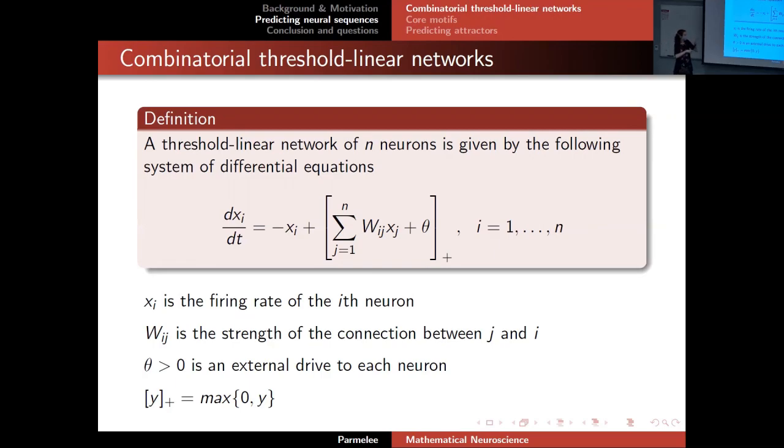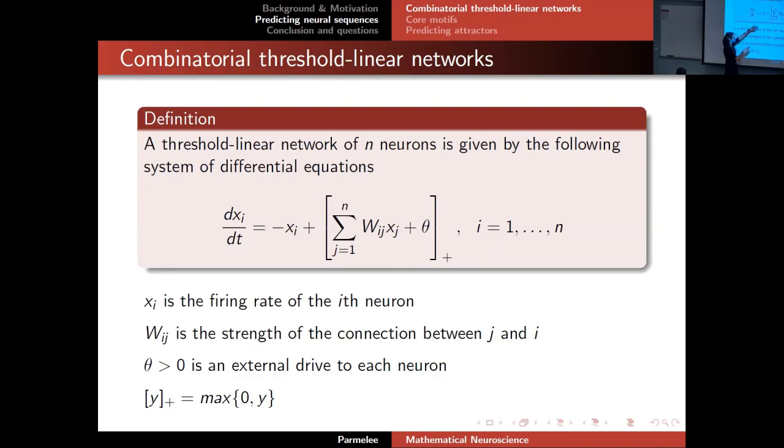So in a wider model, I would have a lot more freedom with the strengths of those connections. But here, because I care about structure, I'm going to have two possible values for W. One if there's a connection there, and one if there's not. So I'm really boiling it down to just thinking about structure.